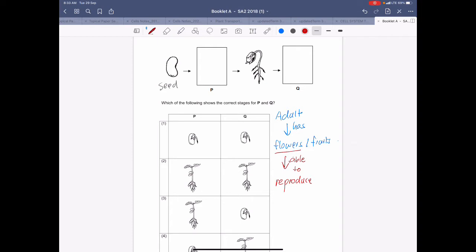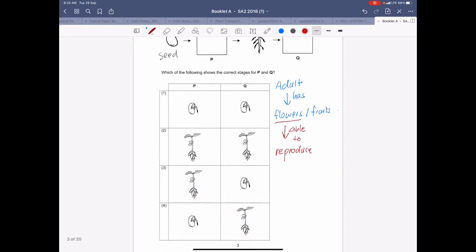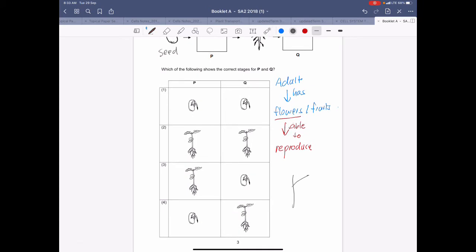Now another point that I want to jump in and talk about, I know it's not related to this topic, but it's related to classification of flowering and non-flowering plants. Be very careful. The tricky part is they will show you a diagram with a plant. It has leaves, and then after that it's got fruits.